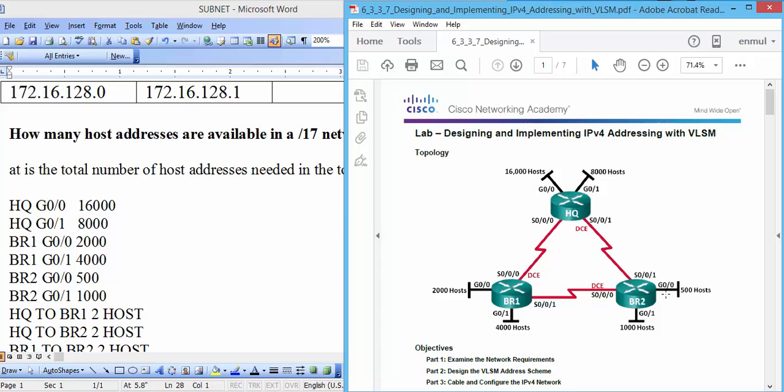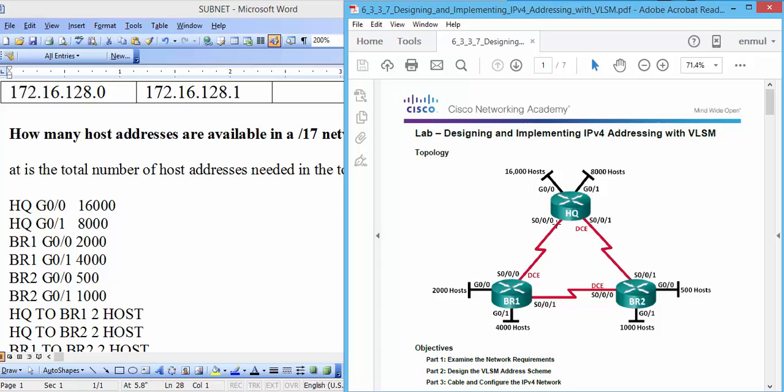Then Branch 2, Gigabit 0/0 has 500, and 0/1 is 1,000.